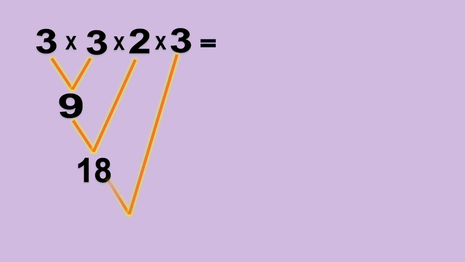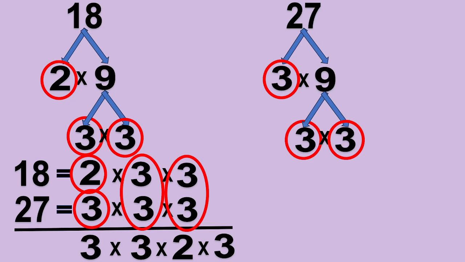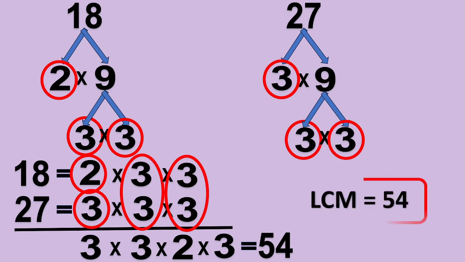And 18 times 3 is equal to 54. 3 times 3 times 2 times 3 is equal to 54. So, the LCM is 54.